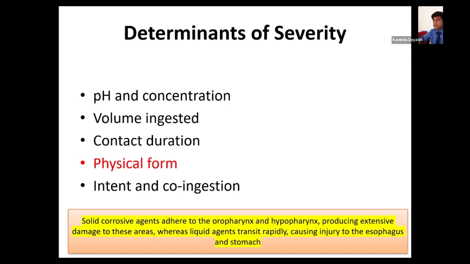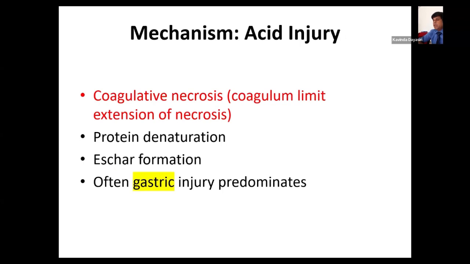Deliberate or homicidal ingestions can result in higher toxicity, and co-ingestion can complicate the presentation. As for the mechanism of injury, acids mainly cause coagulative necrosis, and this coagulum limits the extension of the necrosis, resulting in a scar.